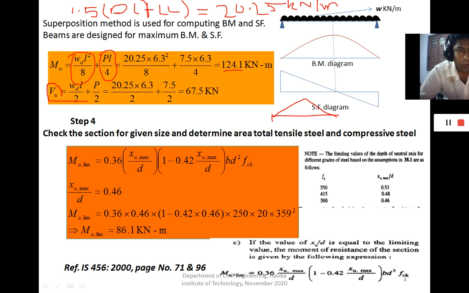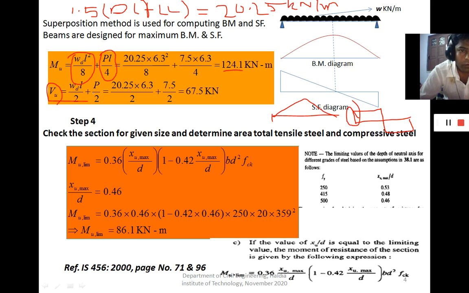Similarly for shear force also, the shear force diagram for UDL is linearly varying and it is 0 at the middle, whereas for point load this type of shear force diagram comes. You see that the maximum shear force occurs at the support, and also for point load the maximum shear force occurs at the support.